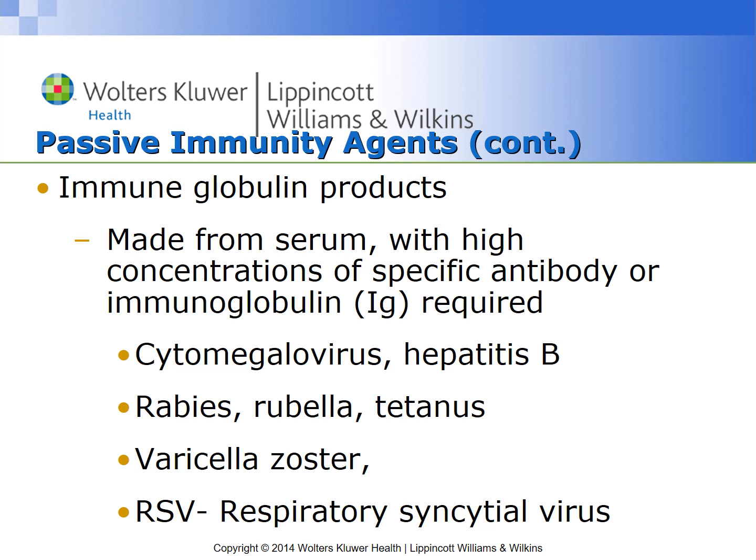And again, it's made from serum, with a high concentration of the antibody Ig. And it's used for cytomegalovirus. That is a common virus that can infect anybody, but most people don't know that they even have it, because it rarely causes symptoms.